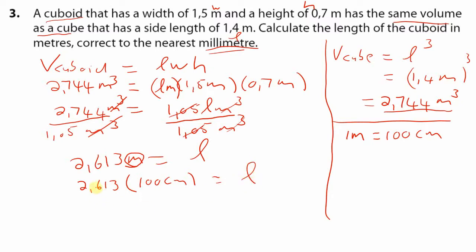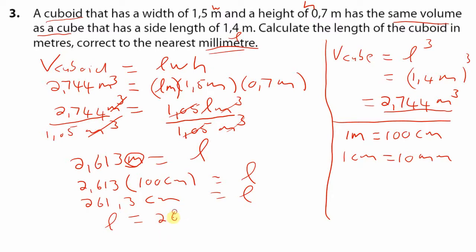So now we can jump the comma 2 places to the right as we multiply by 100, so it becomes 261,3 centimeter. Now the next question is 1 centimeter is equal to how many millimeters? Yes, 10 millimeters. So we can now replace centimeter with 10 millimeters.